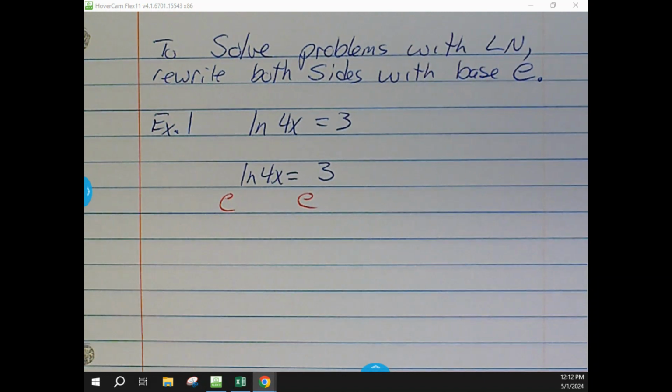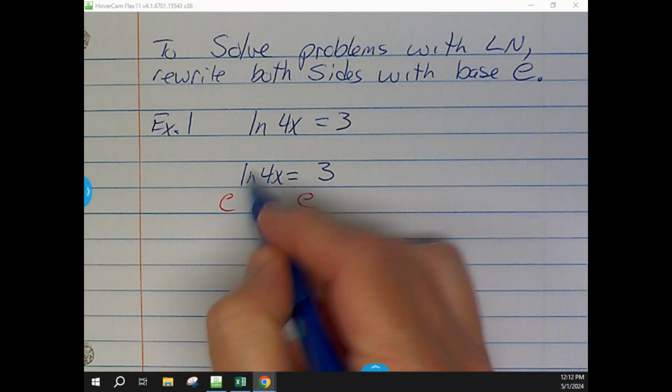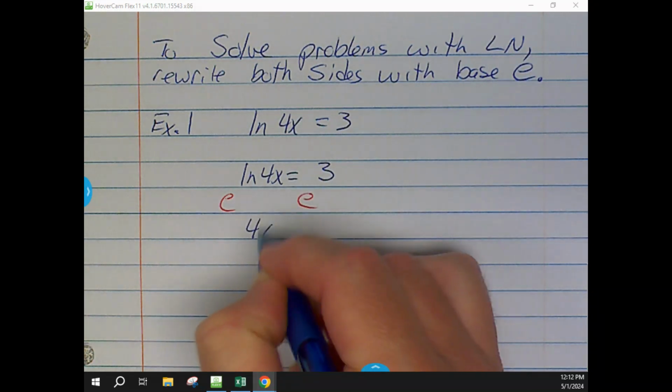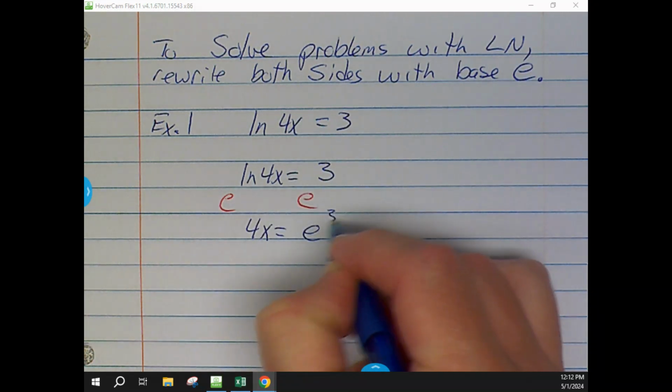So we've got e to the ln of 4x and then e to the third. And again, if the e and the ln are together, they knock each other out. So that makes it 4x equals e to the third.